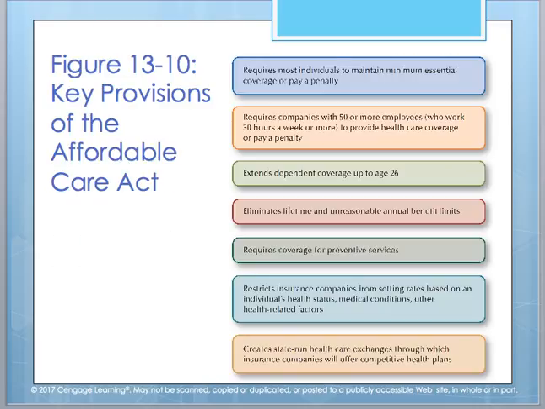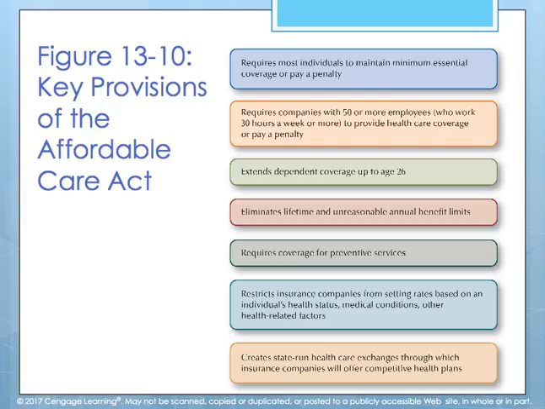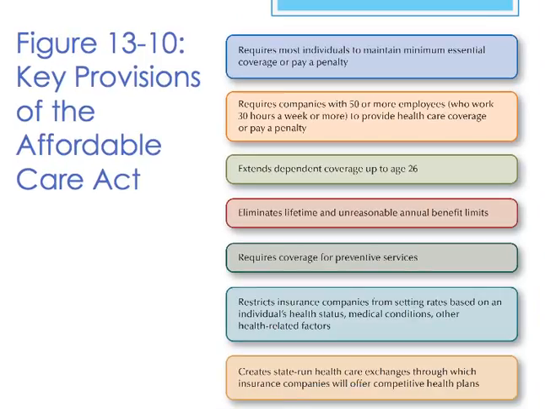When we look at the key provisions of the Affordable Care Act, and for those of you that don't know, this is what is called Obamacare. It requires, and I'm going to zoom in so that you can see closer, there we go, that most individuals maintain minimum essential coverage or pay a penalty.